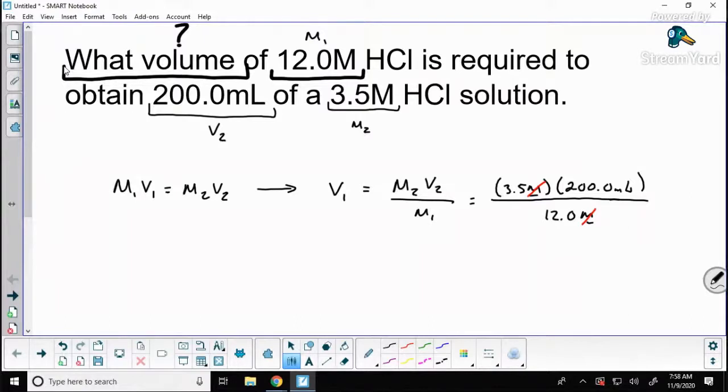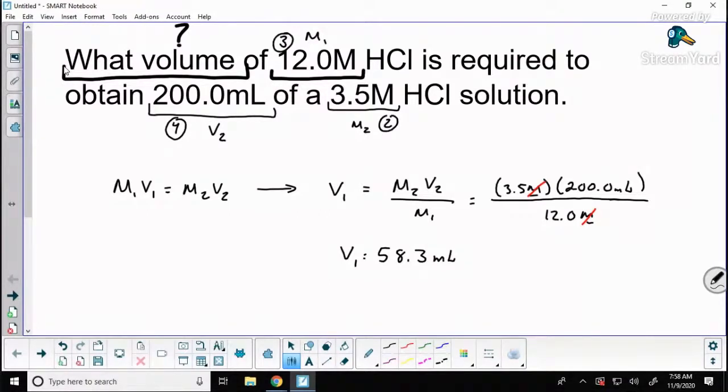Now that I've substituted in my values, I plug it into the calculator: 3.5 times 200, divided by 12.0, and I get V1 is 58.3 milliliters. Looking at significant digits, my 12 molar has 3, my volume 2 has 4, and my secondary molarity only has 2 significant digits.